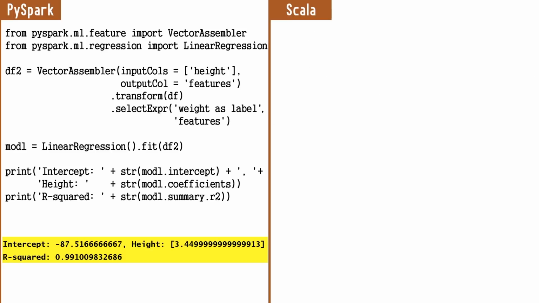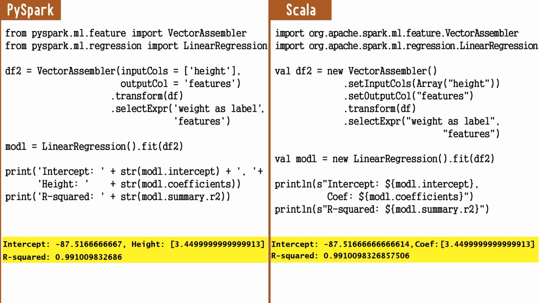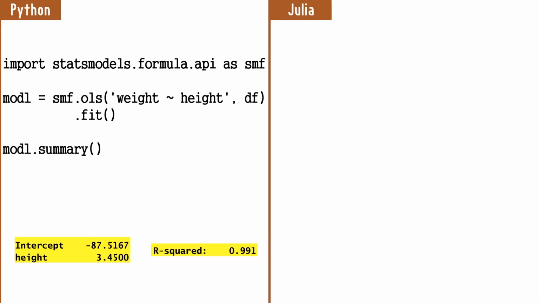Comparing the Python and Scala APIs for Spark, we see both similar code and results. So if you can use Python with Spark, it won't be difficult for you to use Scala with Spark, or vice versa. Now let's see how Python compares to Julia and Octave.